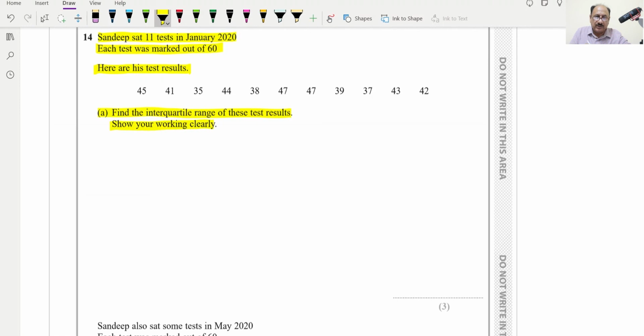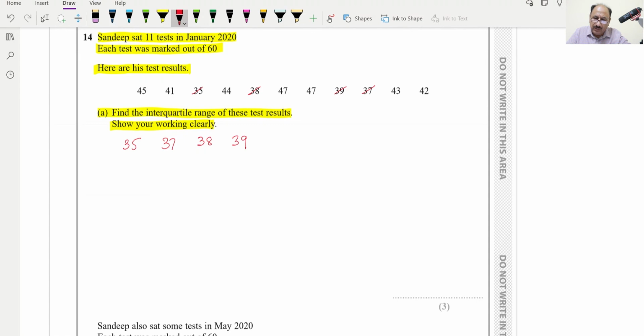Show your working clearly. For the interquartile range, we basically need to arrange them in ascending order because they are jumbled. They are not arranged in ascending or descending order, so we have to arrange them first. First of all, the smallest one is 35, so I will write here 35. Then the next one is 37, then 38, then 39.